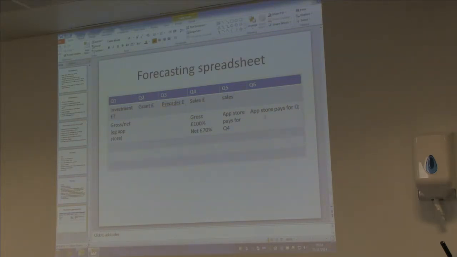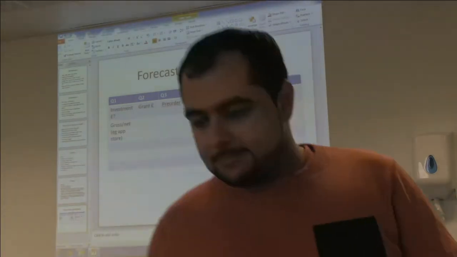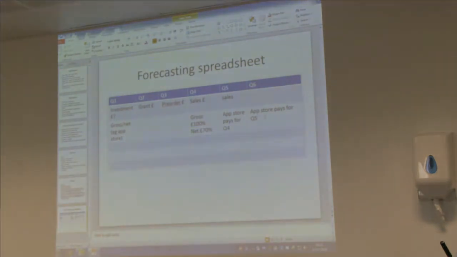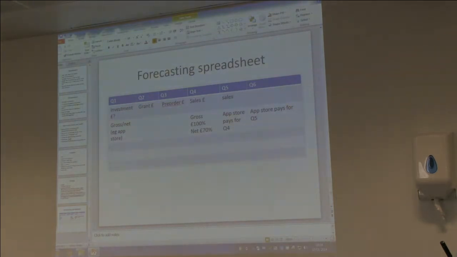Do you know what I mean? You get your money a month later or two months later, and if you're dealing with businesses, you might get it way later. This is the kind of thing that your revenue person is looking at. So you can start doing these spreadsheets. That's your income. You've got your income in this line, and you'll have a total income down here.